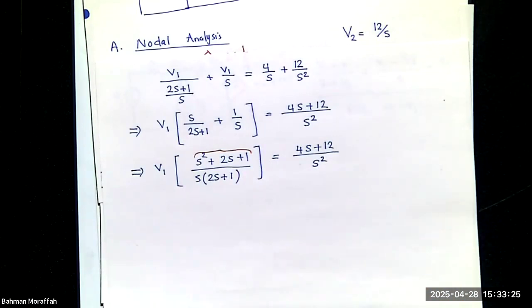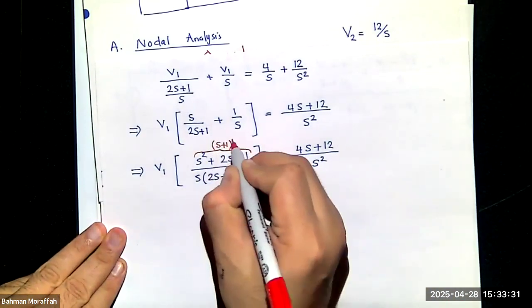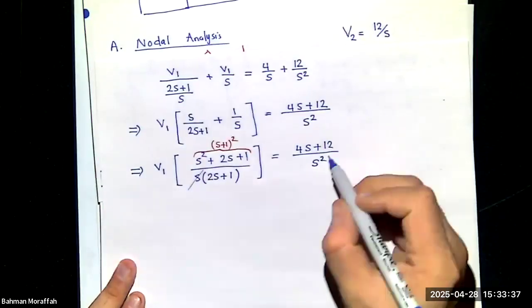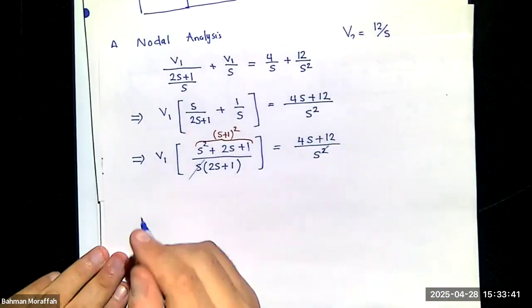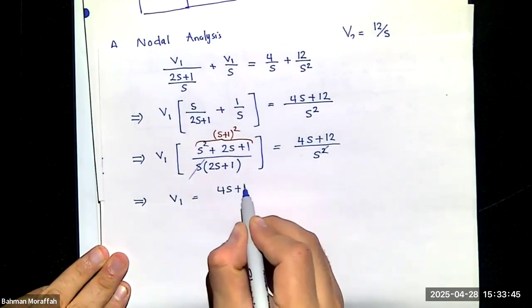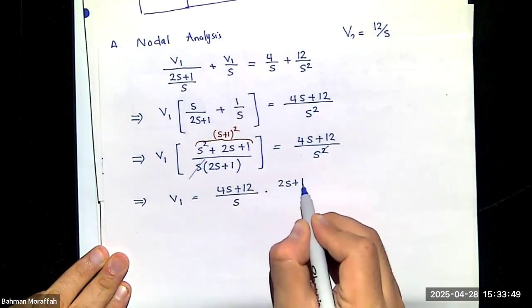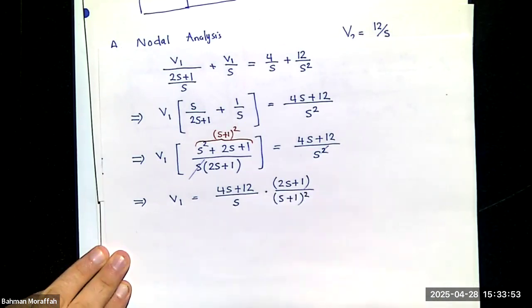Isn't it S plus 1 squared? It is. So this is S plus 1 squared. I'm going to cancel this S with this squared over here. So let's compute V1. V1 is (4S plus 12) divided by S, times (2S plus 1) divided by (S plus 1) squared.